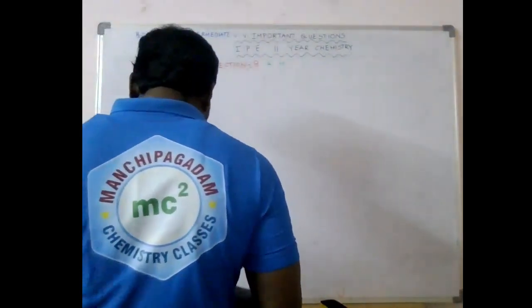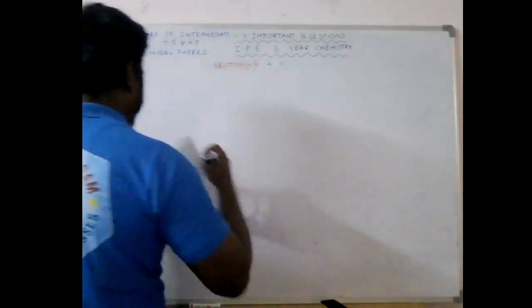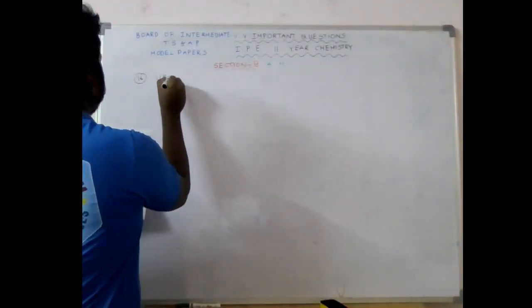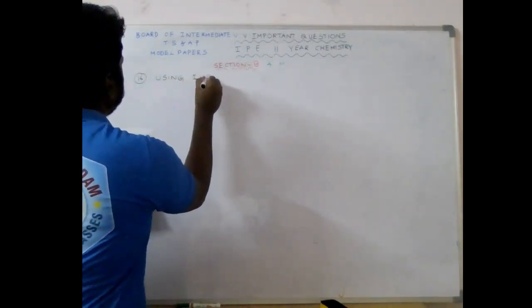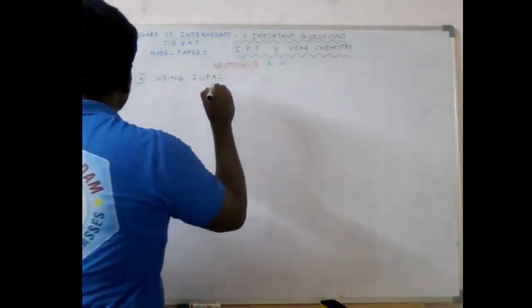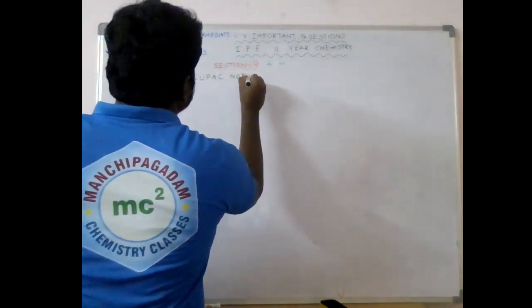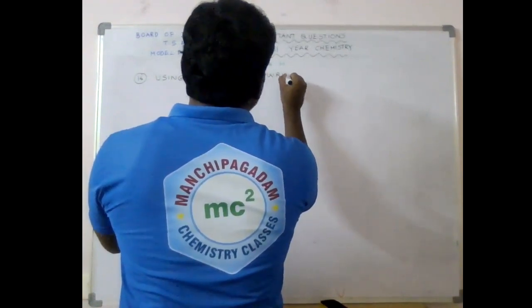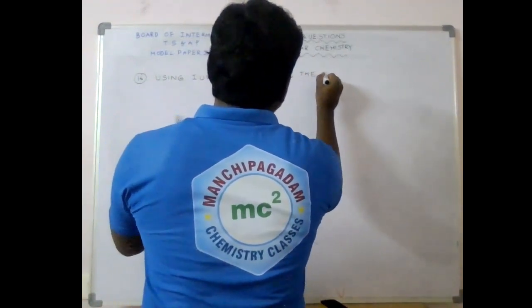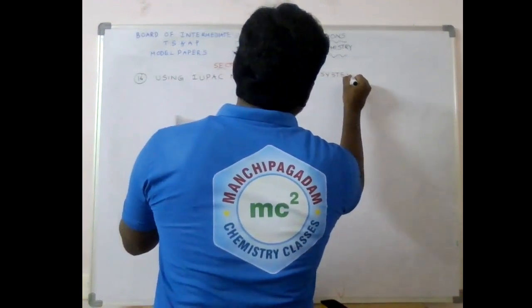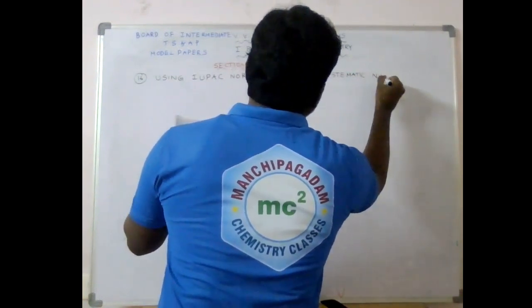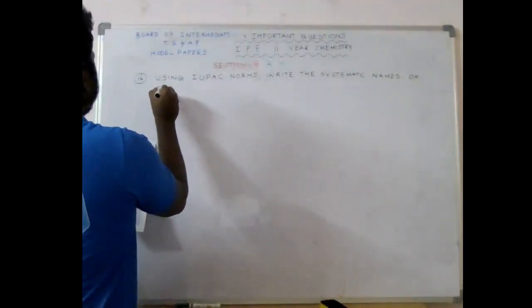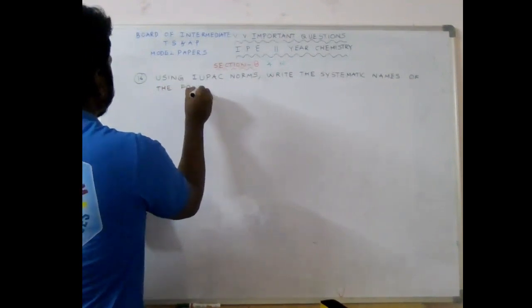Now we have to write their systematic names, right? 16th question: using IUPAC norms, write the systematic names of the following.